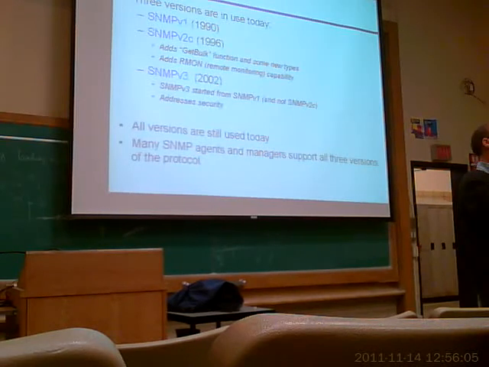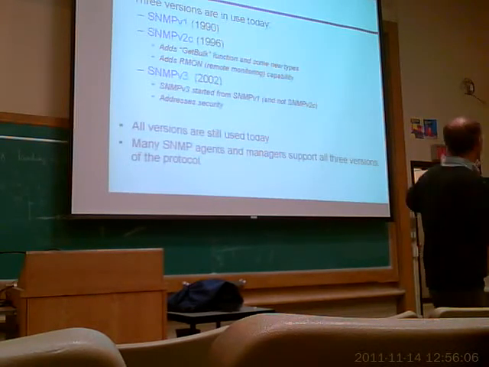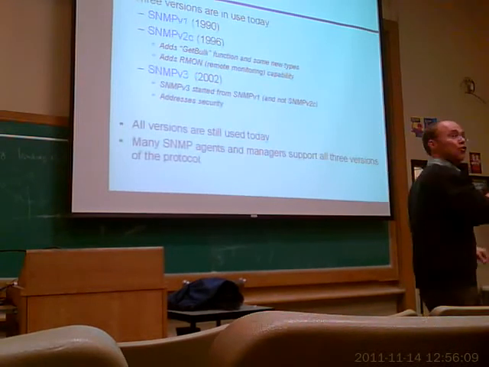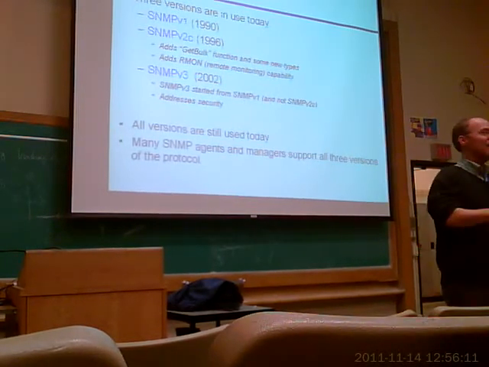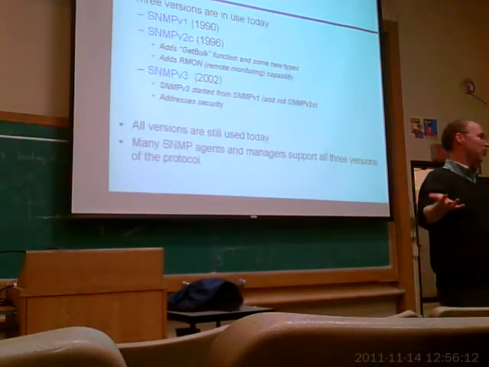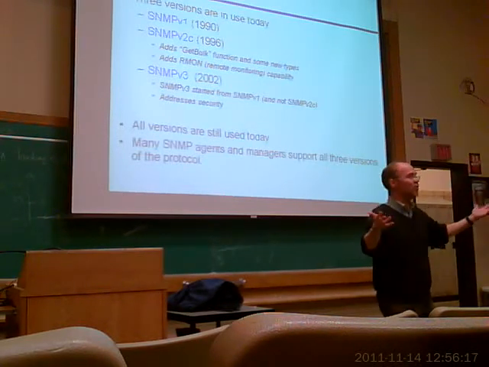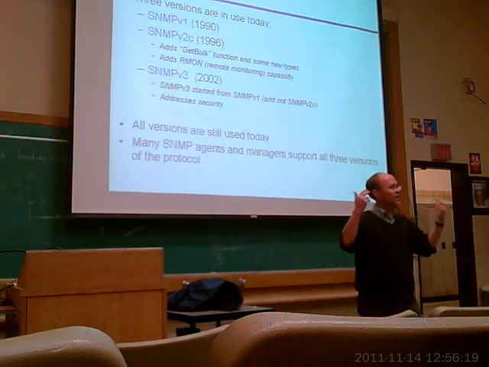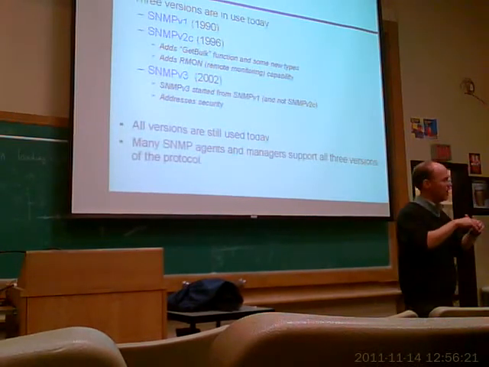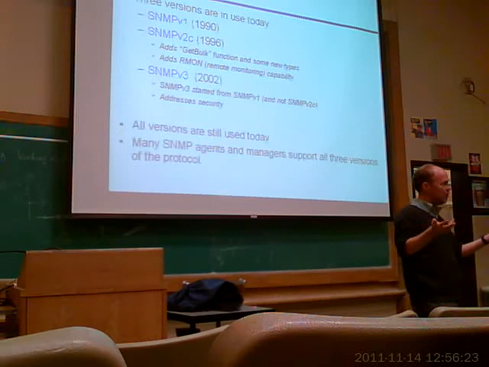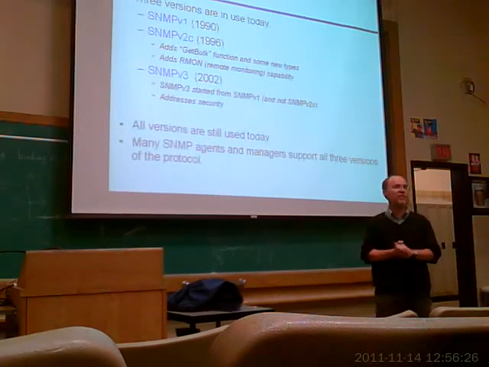So the version that was standardized as version 2 is SNMP version 2C, where C stands for community, which is pretty much using the old clear text password with a community string, but having additional features.